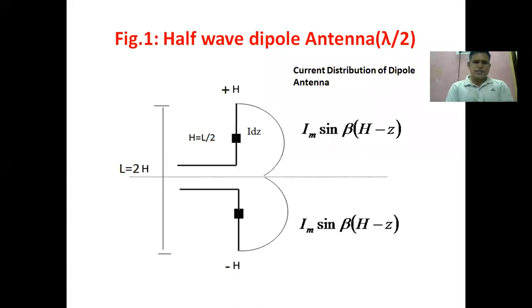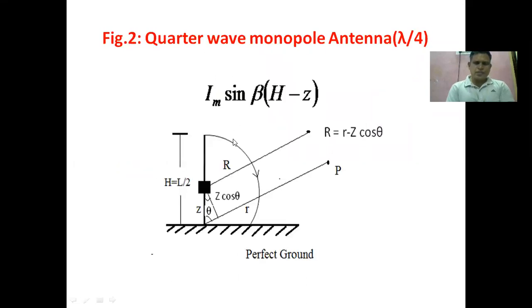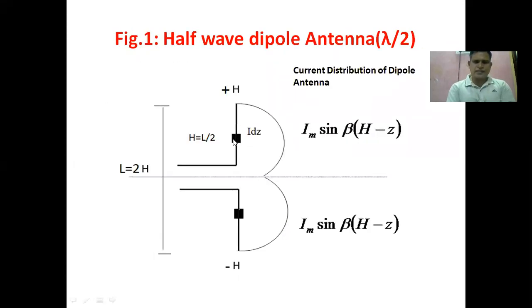Let us say this antenna is placed in the z direction, along the z axis. This is the z equal to 0 axis, and this antenna is symmetric about it.